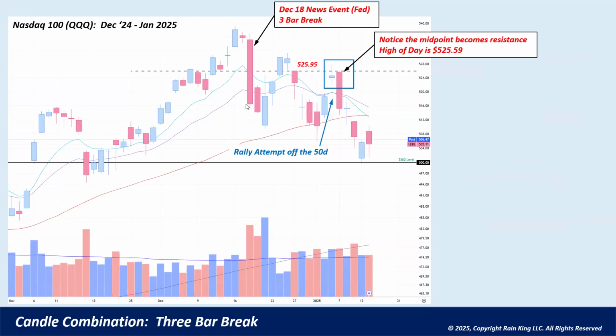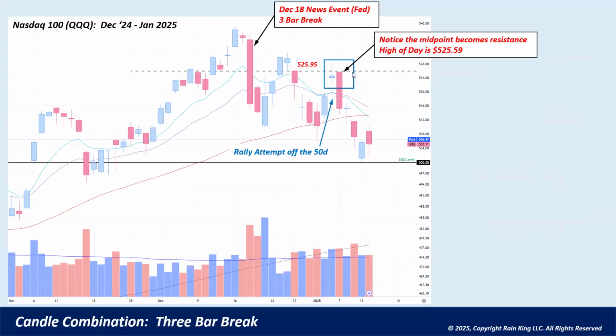And so what we do with this, since this one wasn't a gapping situation, is take the high and the low of this range. In this case, you're taking 536.88, the high, adding it to the low at 515.01, dividing by 2, and you're coming up with 525.95.